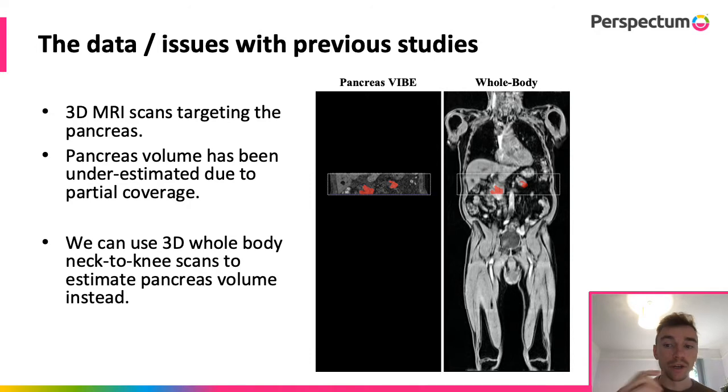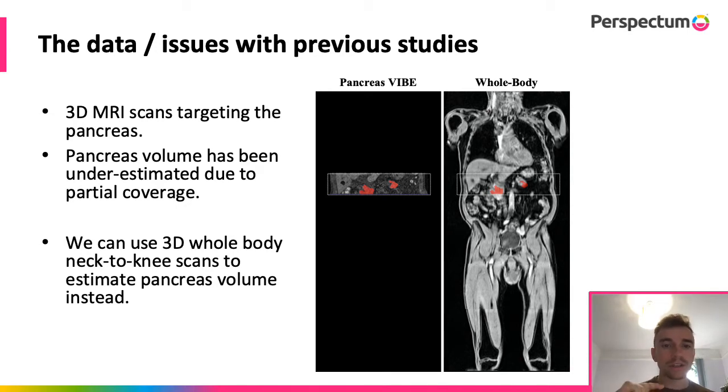Part of this MRI data includes a high-resolution 3D MRI scan that specifically targets the pancreas region. The high-resolution nature of this scan can allow models to learn useful representations of the pancreas, and we can also better quantify biomarkers such as surface lobularity, which is looking at how smooth the surface of the pancreas is.